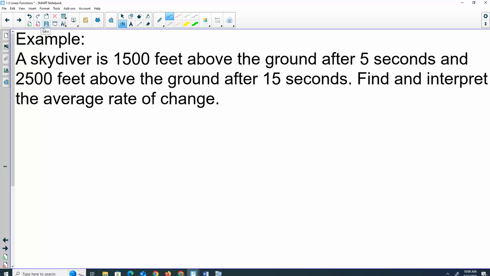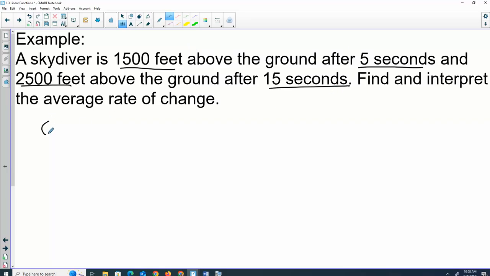Slope. So I'm asking you to find a slope. I didn't just give you the slope in the problem because you don't see something per something, so we have to figure it out. What information did I give you? I have the information to write ordered pairs, don't I?